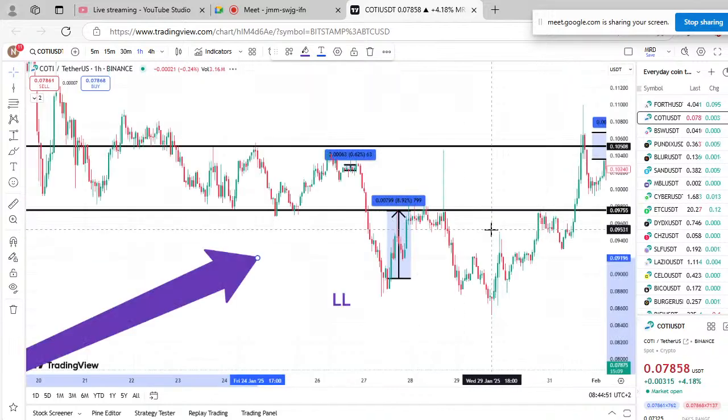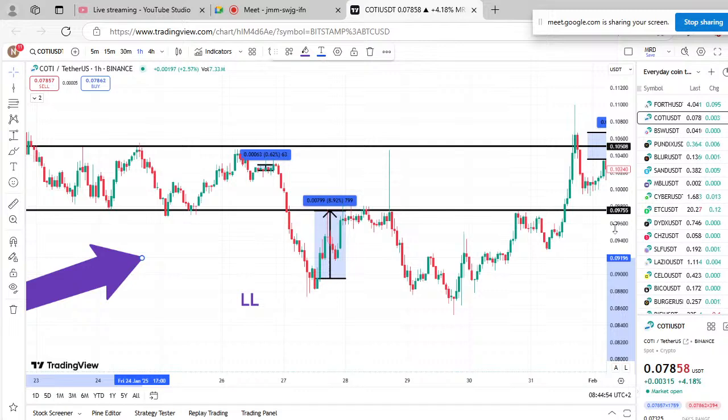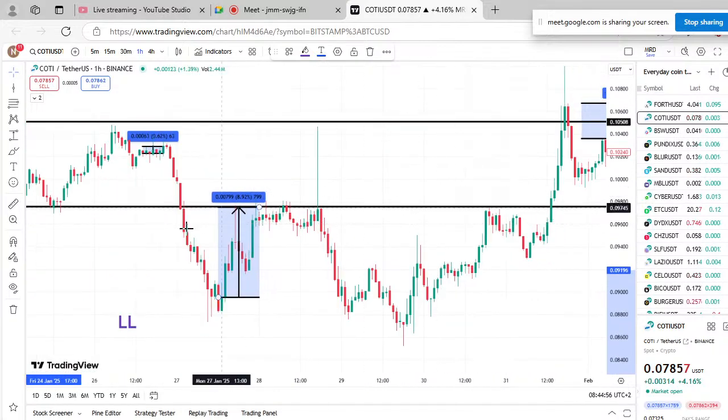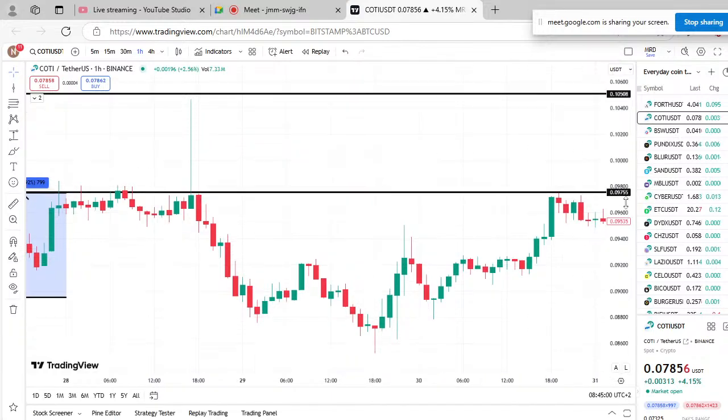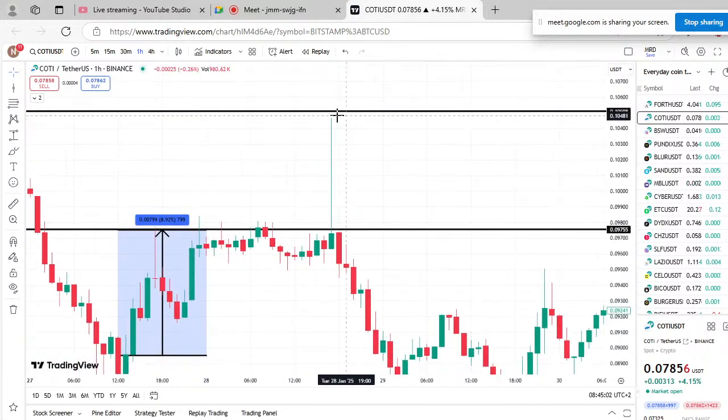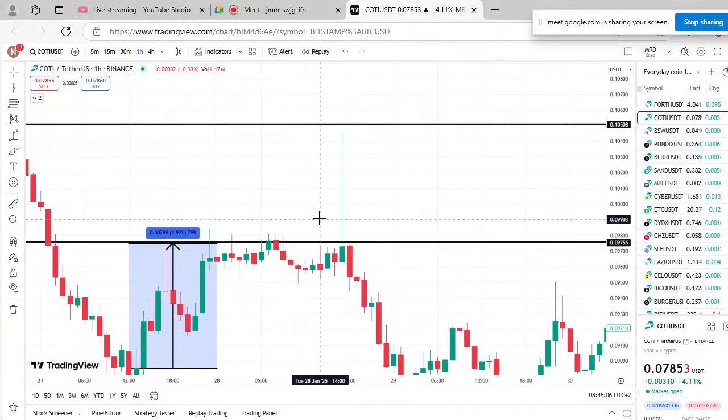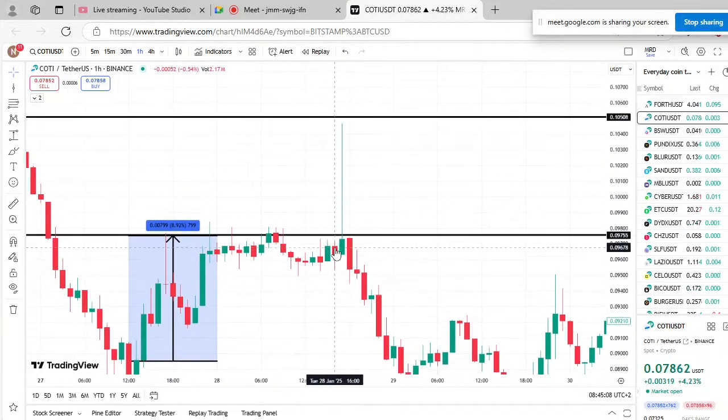Let me show you. This is rejection in the market. This is rejection. Whenever you see this, can you see this wick? It is too long, meaning the sellers were taking over.